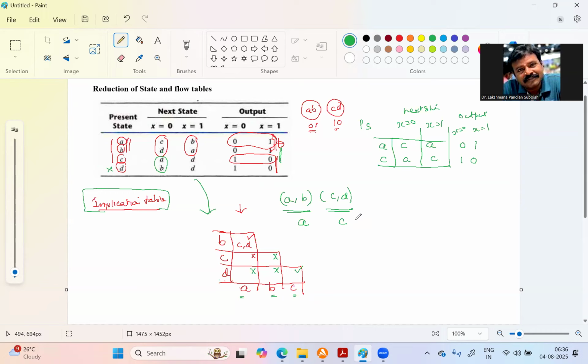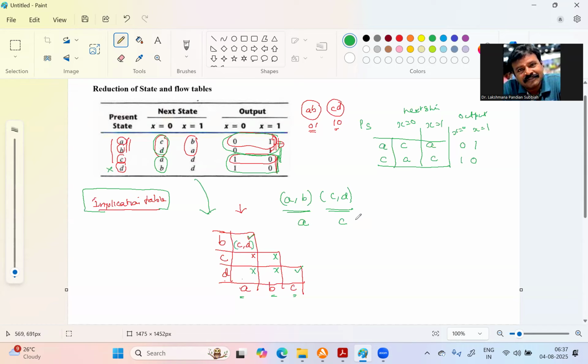Then from bottom to top, you write D, C, B. So that we can find the implication pairs. A and B have the same output, so this is an implication pair. Then by x equal to 0, it will go to C and D. Whether it is possible to make a pair: C and D have the same output, so CD can be a pair.